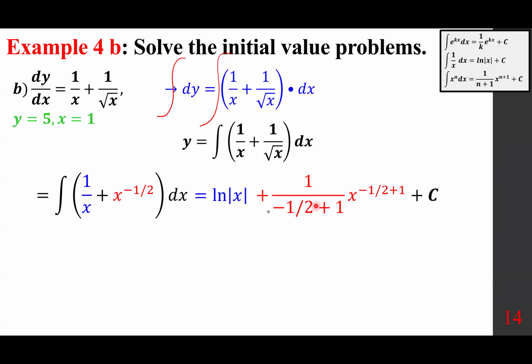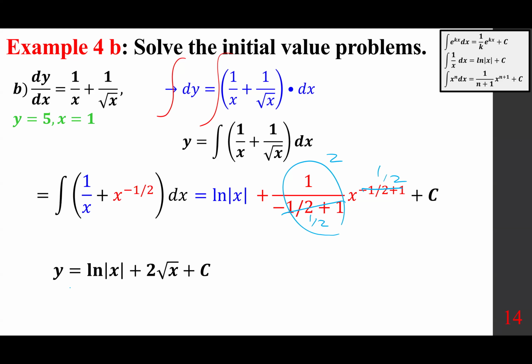So obviously this is 1/2. And this is the reciprocal of 1/2, or 2. This is x to the 1/2, or the square root. Therefore, y equals ln of absolute value of x plus 2 square root of x plus c.